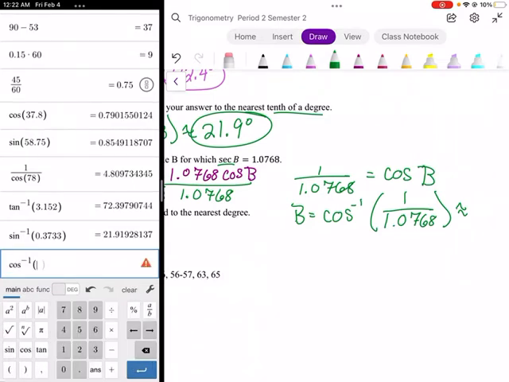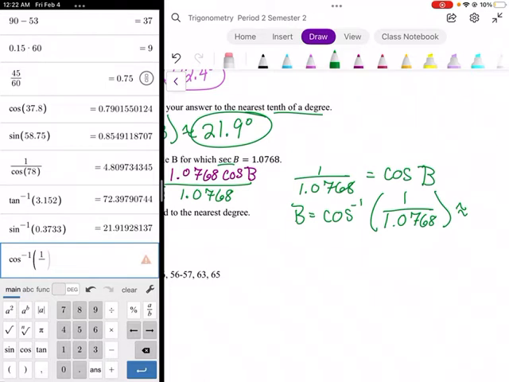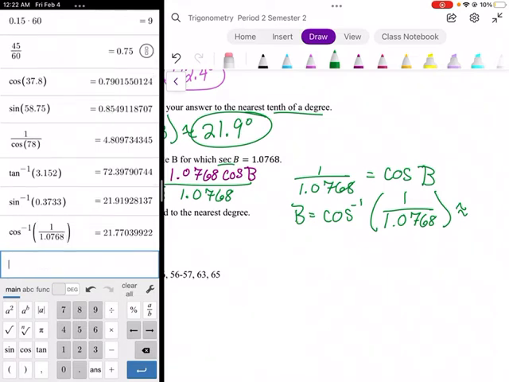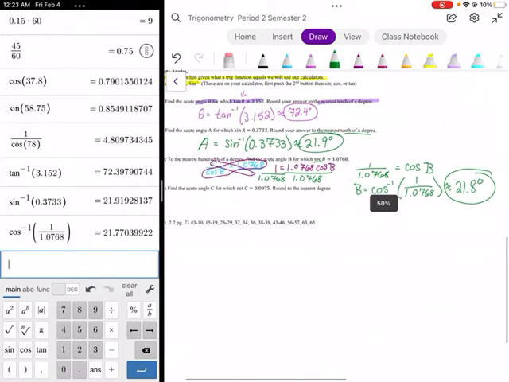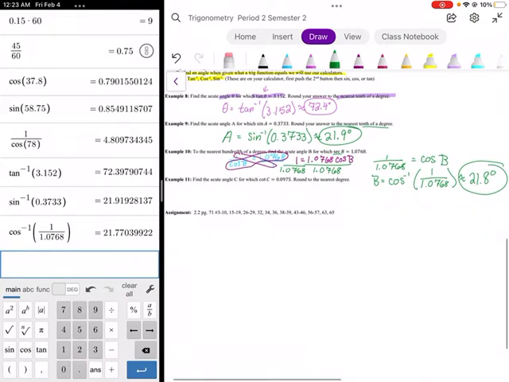It's most likely always going to be a fraction if you're doing the reciprocal functions. And this one, the angle is about equal to 21.8 degrees. So if you don't remember the shortcuts, that is how you can set up this problem and work your way through it to solve for the angle.